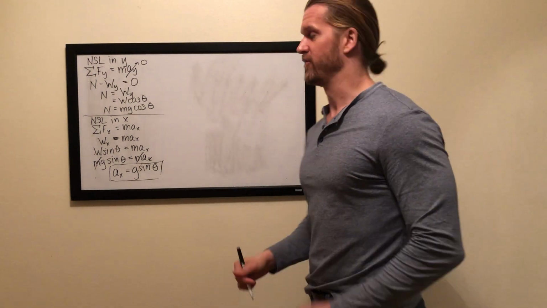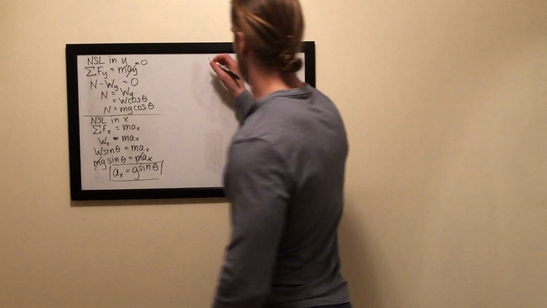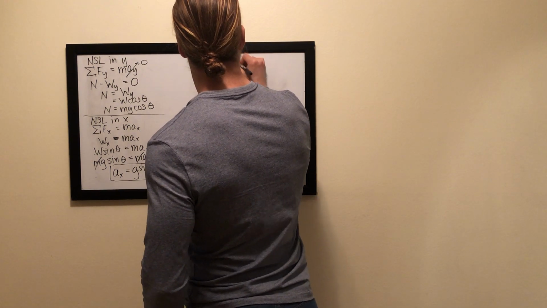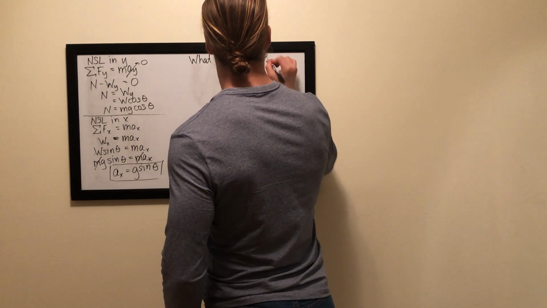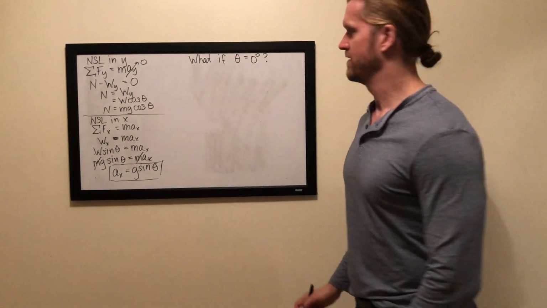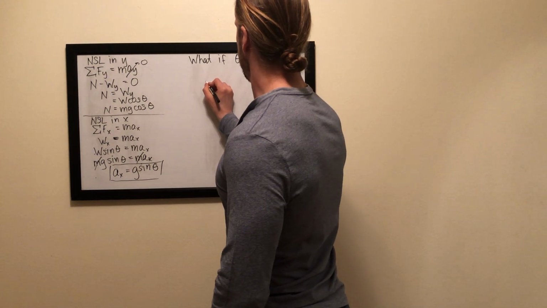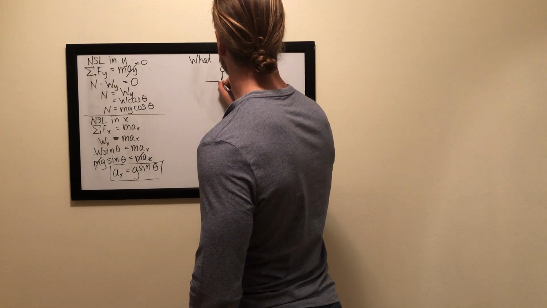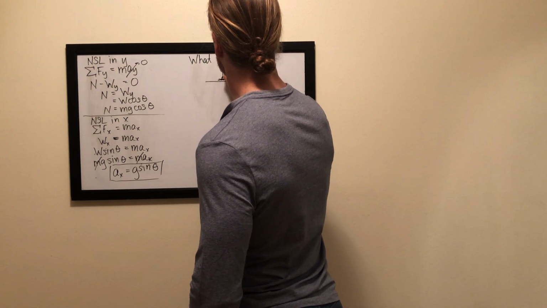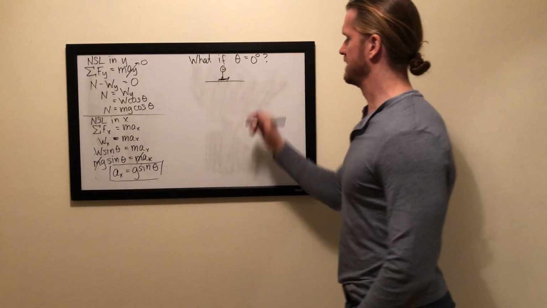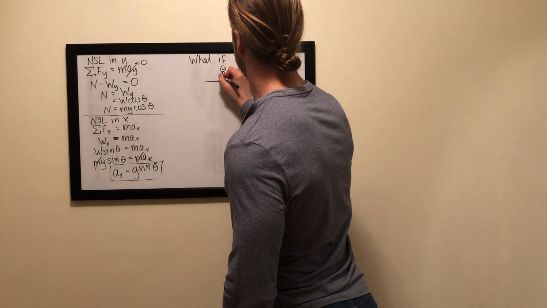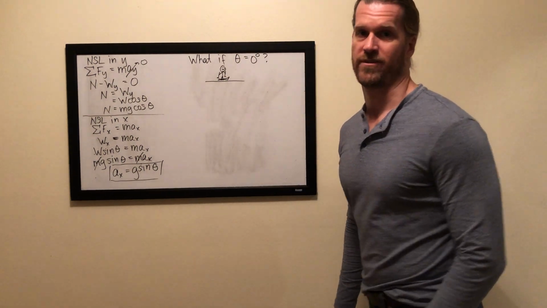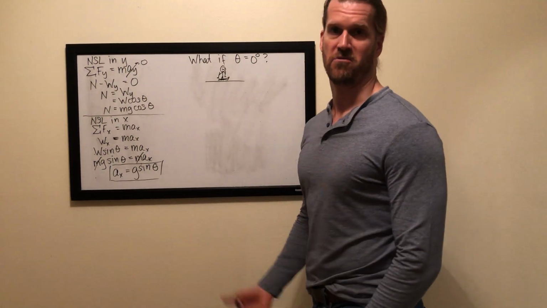Let's think about that expression for a little bit. What if theta equals 0 degrees. Well, that would just mean that your skier is on flat ground, and they're not going to accelerate.